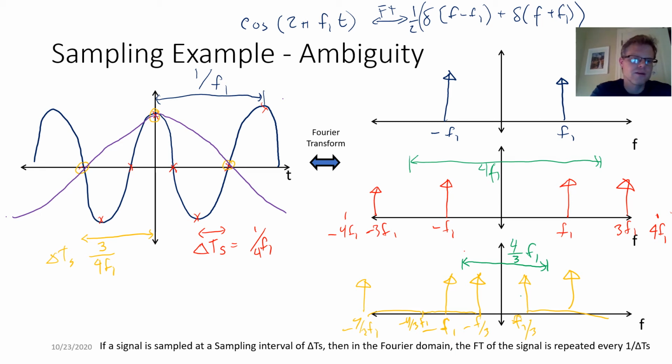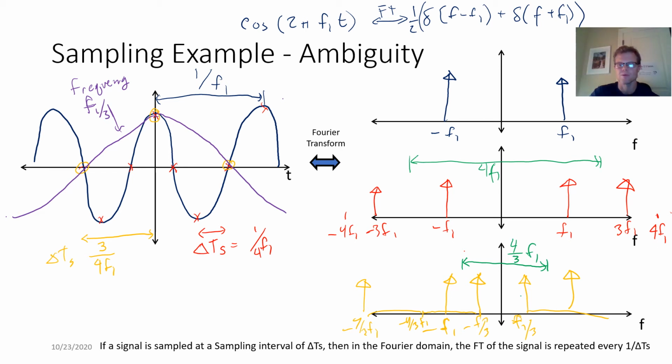And it turns out that this purple curve here is going to have a frequency that we can see from the Fourier transform that is going to be F1/3. And I know that because of where these replicas showed up in this sampling theory interpretation of the Fourier transform, again, where we took the original Fourier transform on top.